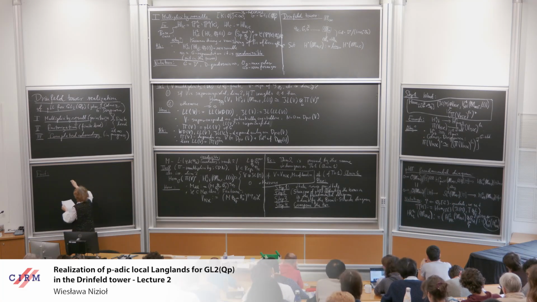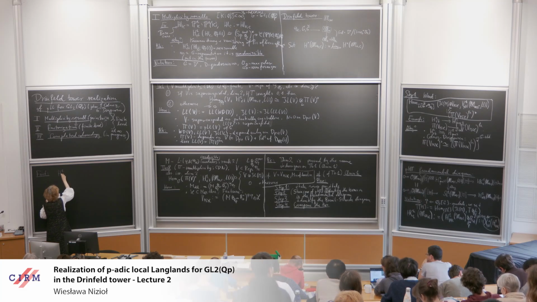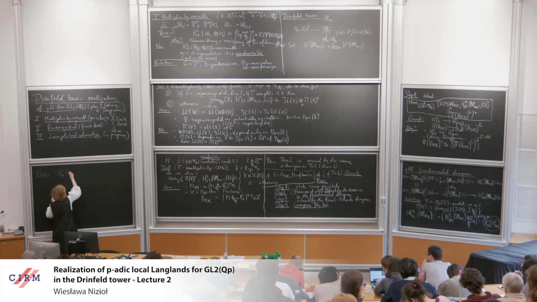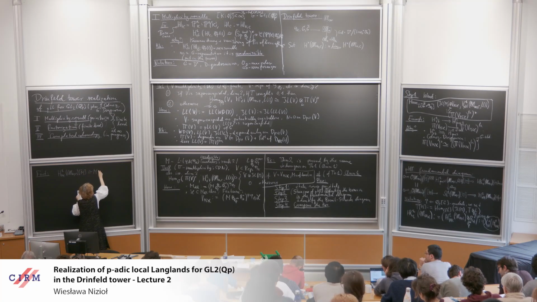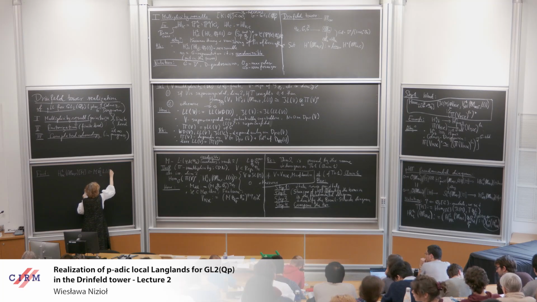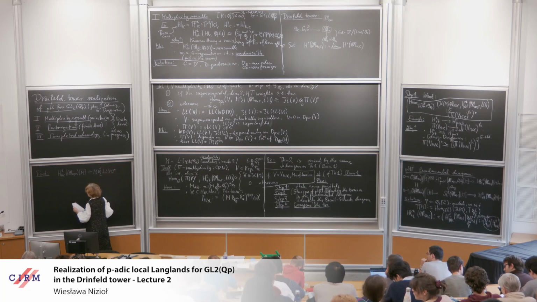So the first fact: we identify Hyodo-Kato. Hyodo-Kato of M is M tensor the local Langlands of M dual.